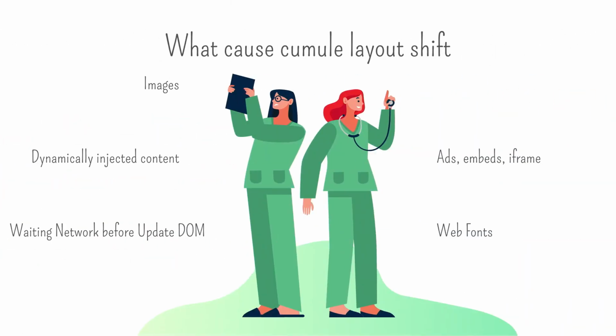So what can cause cumulative layout shift? Images with no size, with an incorrect ratio, or with a bad size. So please use SVG. If I do not agree with you, because if you have SVG in raw mode, you know, pixel by pixel.